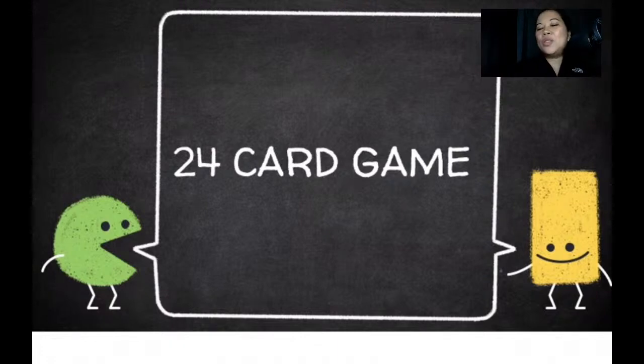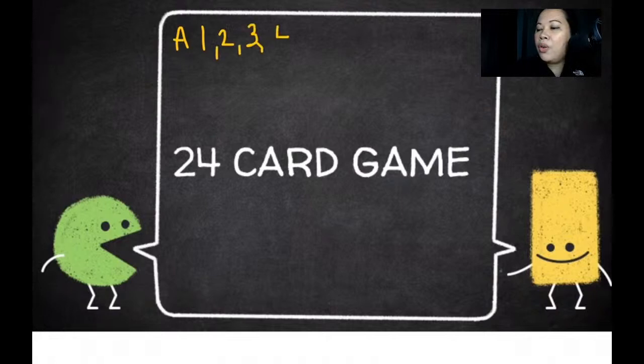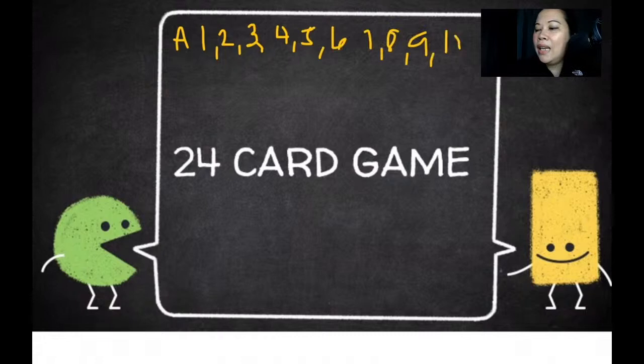It's game night, 24 card game. We have played this before. For those that are new, how does the 24 card game work? It is a deck of cards. You have an ace, and then you have your numbers 1, 2, 3, 4, 5, 6, 7, 8, 9, 10, and then you have your jack, your queen, and your king.